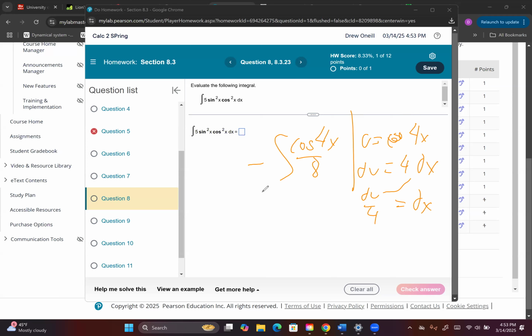So we have negative 1/32 cosine u, which is negative 1/32 sine u, and my u is 4x. So it's negative 1/32 sine 4x. Okay. And do the next one.